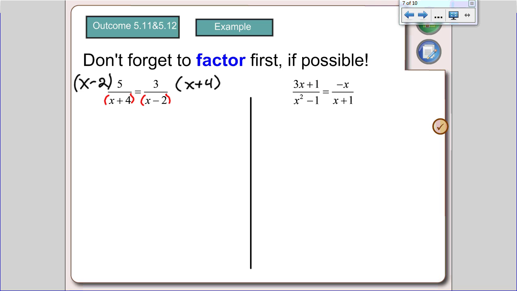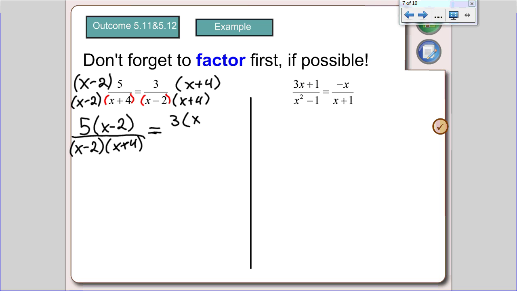Remember, when we multiply things, we do the top and the bottom. So we would have 5 times x minus 2 divided by x minus 2 times x plus 4. You have 3 times x plus 4 divided by x minus 2 times x plus 4.